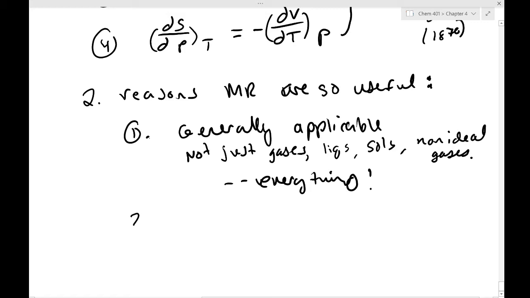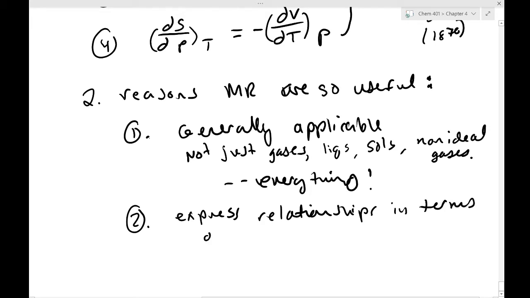Number two, they tend to express relationships in terms of variables that may be easier to measure.